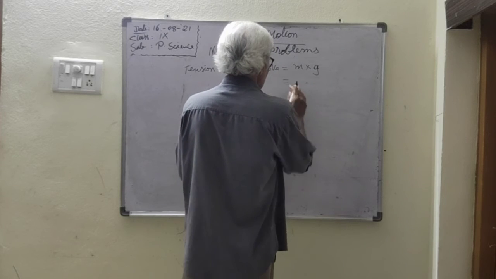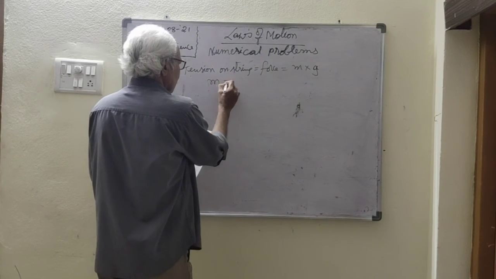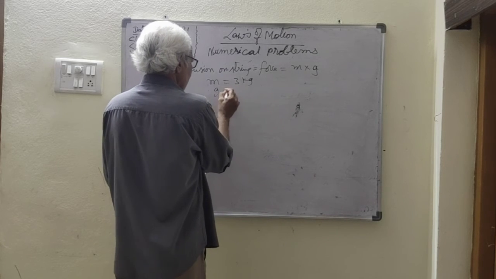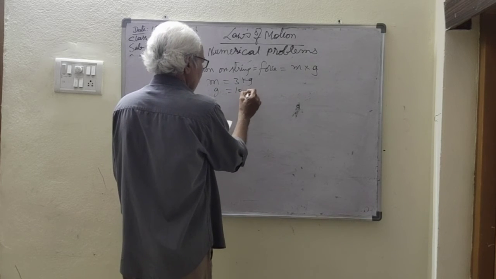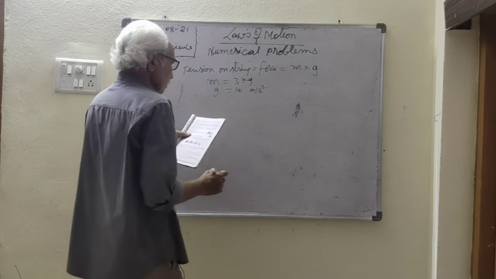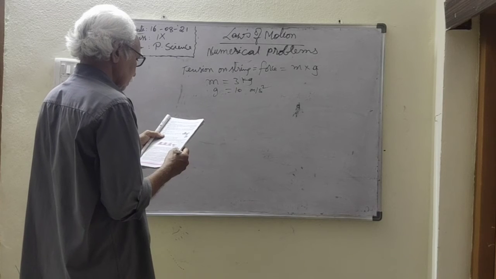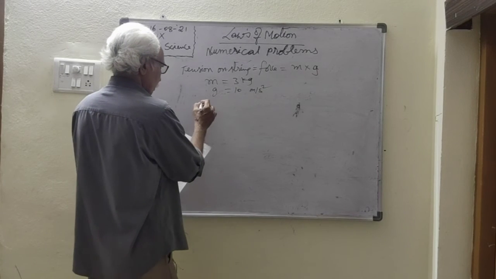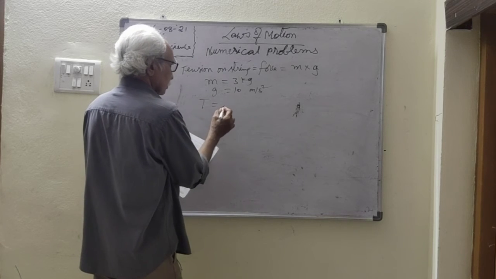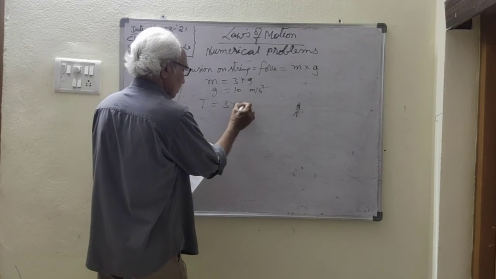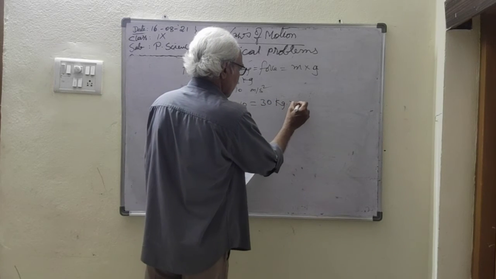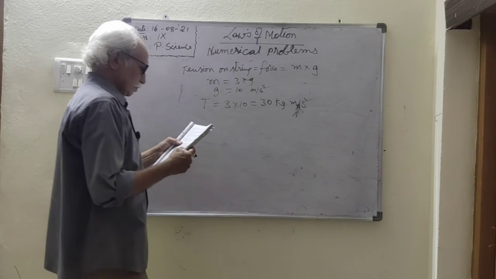Mass is 3 kg, acceleration is 10 meter per second square. So therefore, tension is equal to 3 into 10, 30 kg meter per second square.